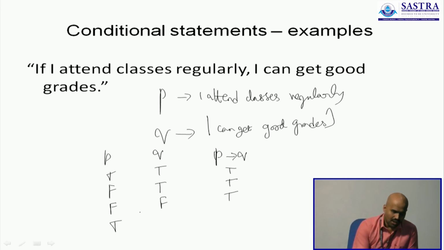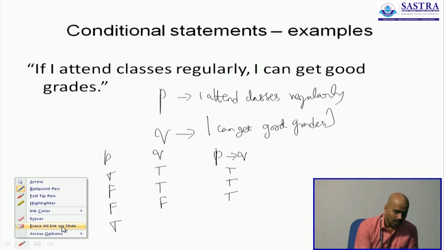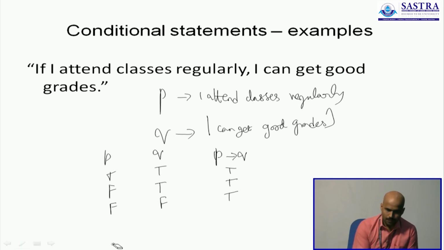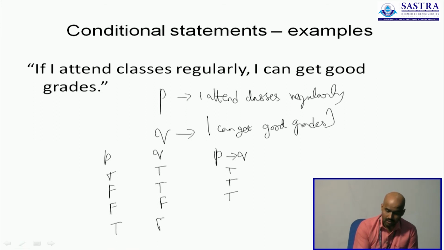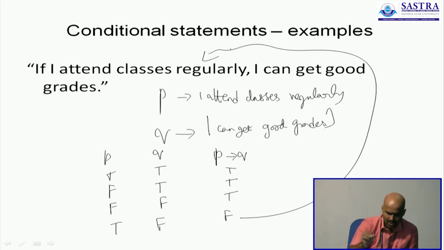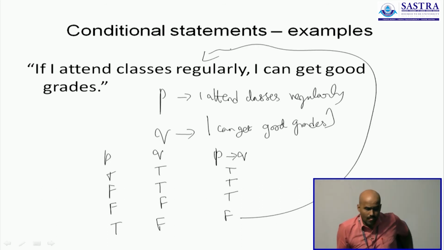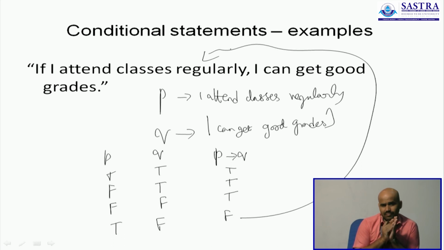The last part, I actually attend classes regularly, but I somehow still fail. Now that's not a proper conditional, and therefore the last instance of truth values takes up a false value. Now this is how you understand a connective.